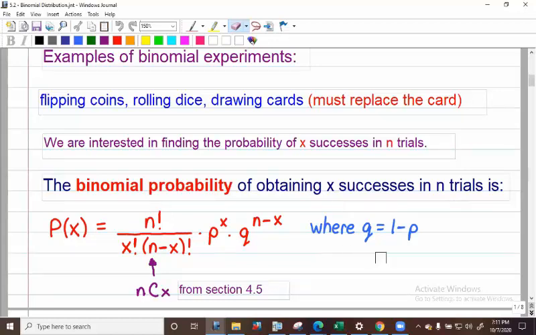Wherever they appear, there's no order. And then you have the probability of success raised to the X power, and then the probability of failure raised to the N minus X power. So if you're using a scientific calculator, you would need to use this particular formula.